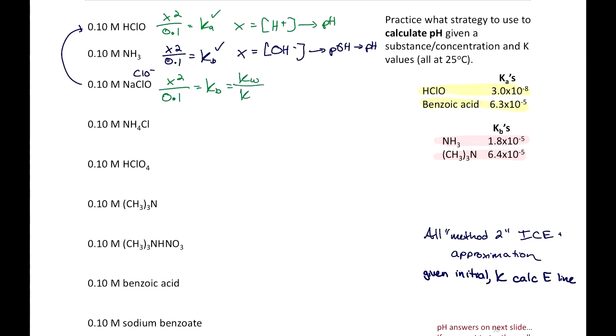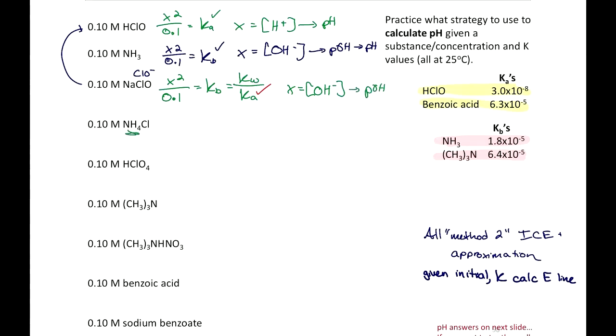Kb is Kw over Ka. We do know what Ka is for HClO. Perfect. X is what? H plus. So, no, it's not. It's OH minus because we used Kb. And so, yeah, you POH, pH, whatever.